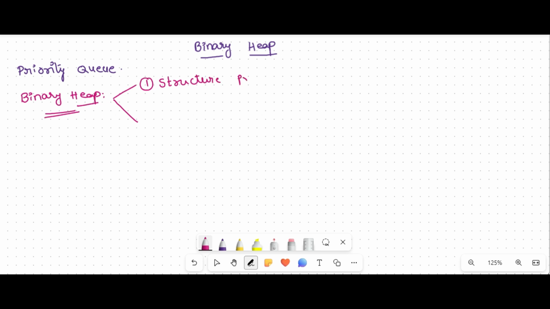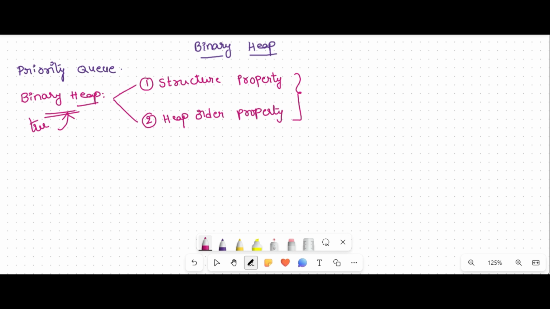The second one is the heap order property. If these two properties are satisfied, then we can say that tree is a binary heap: a structure property and a heap order property.